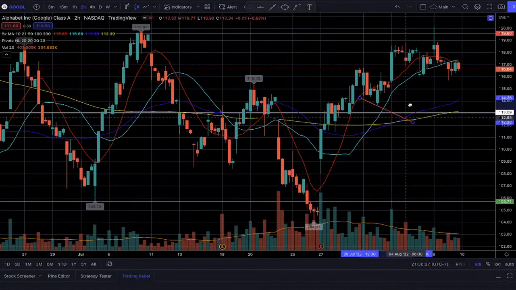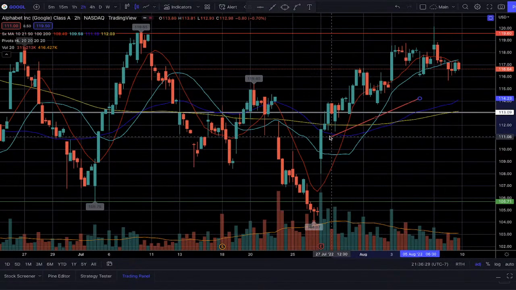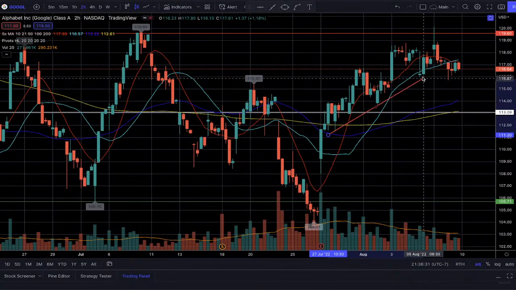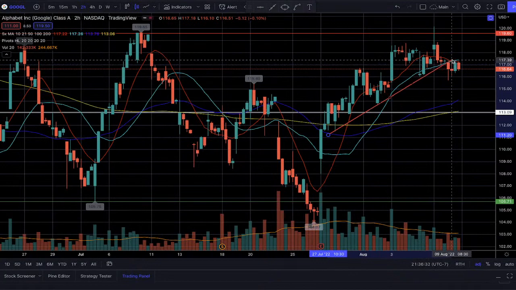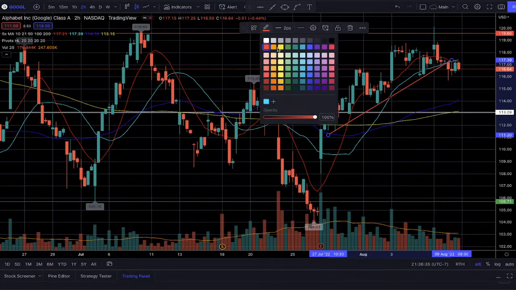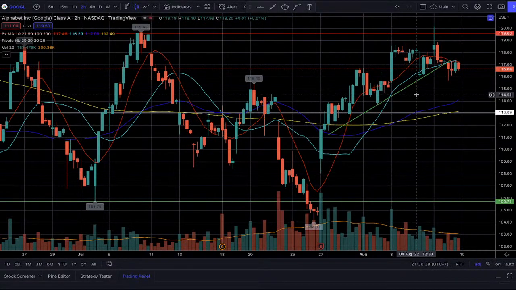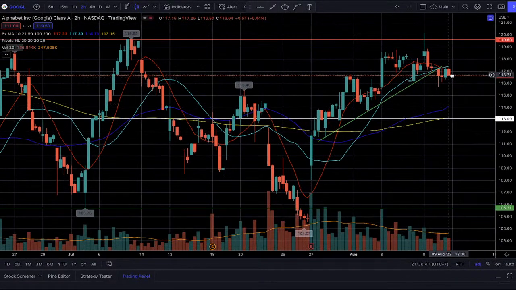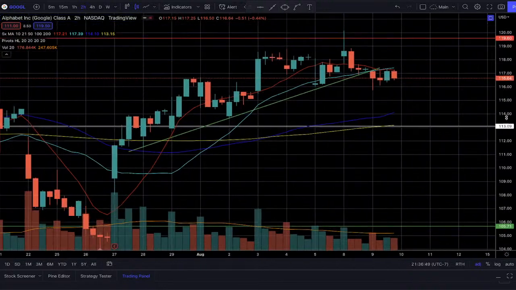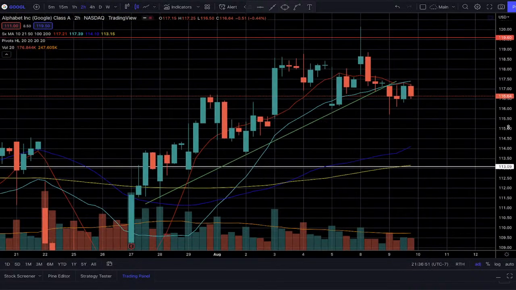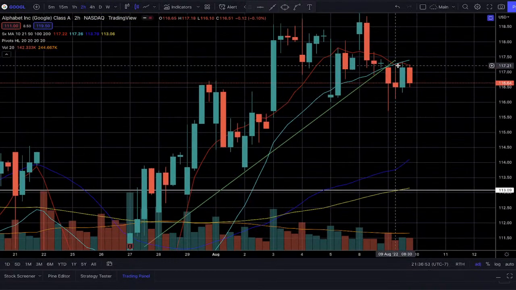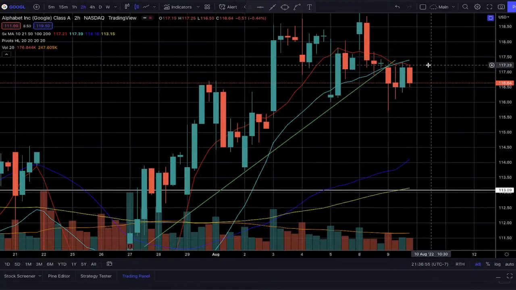All right, so let me use this trend line here. If you take a look at this trend line right here, which is coinciding with this 117 level, make sure you guys are remembering this. On the 2-hour time frame, we already had that downward crossover of the 10 and 21.